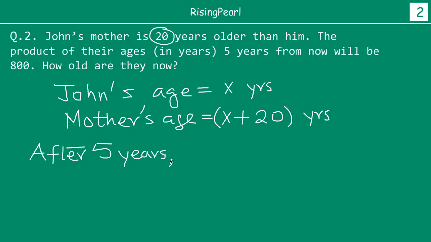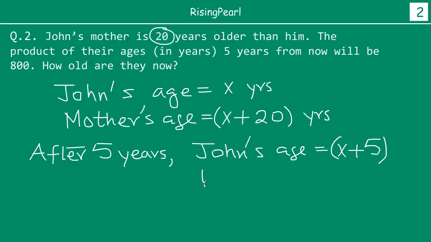After 5 years, John's age will be equal to, if he is x now, x plus 5. And his mother's age will be equal to her current age.